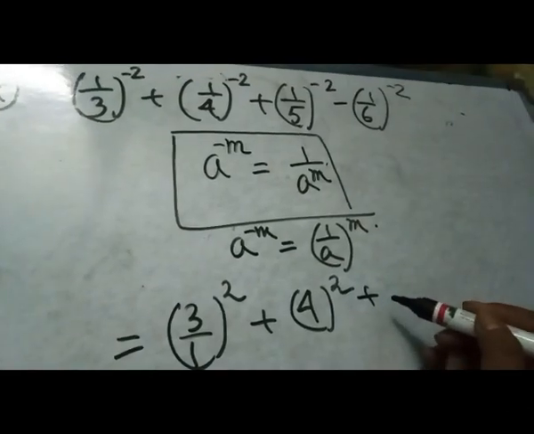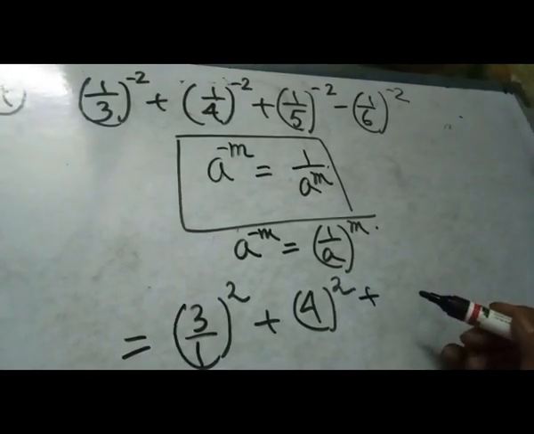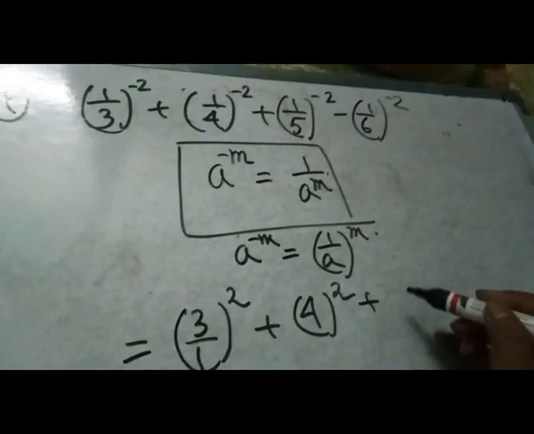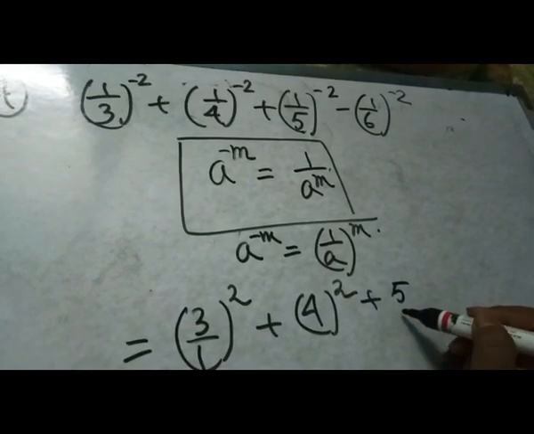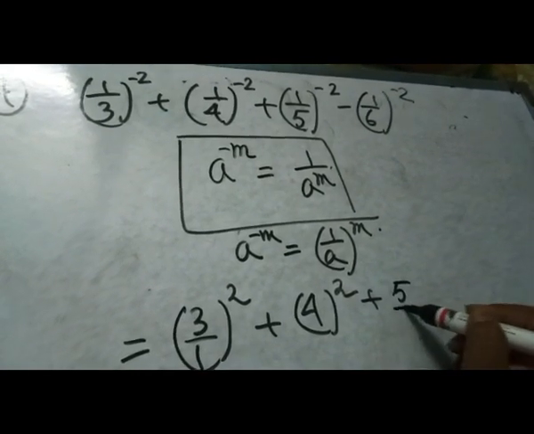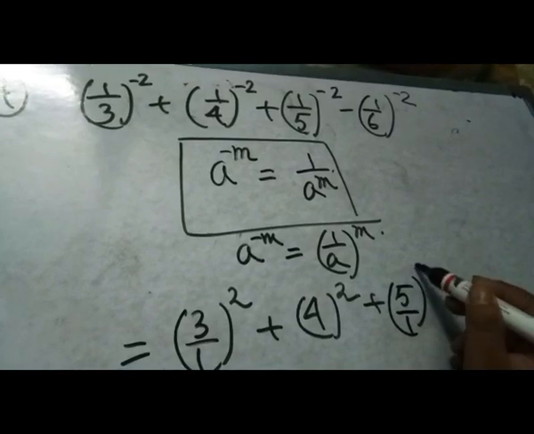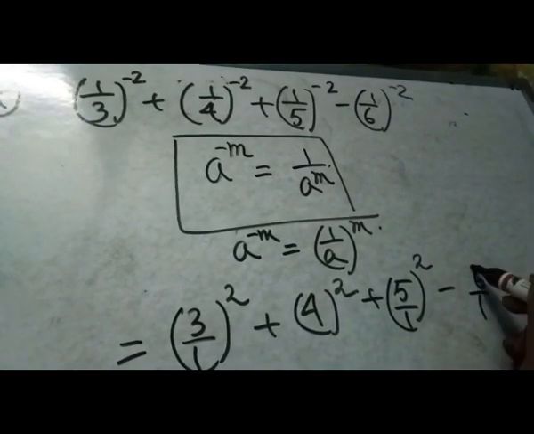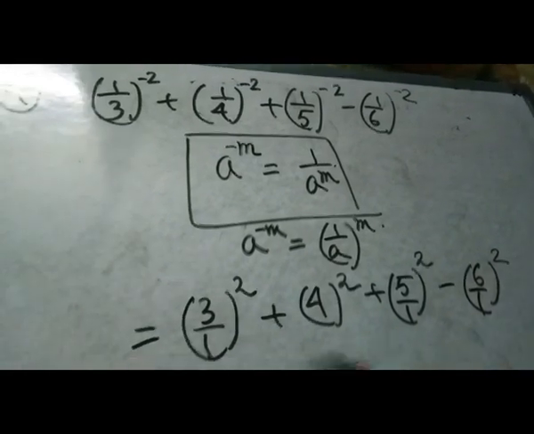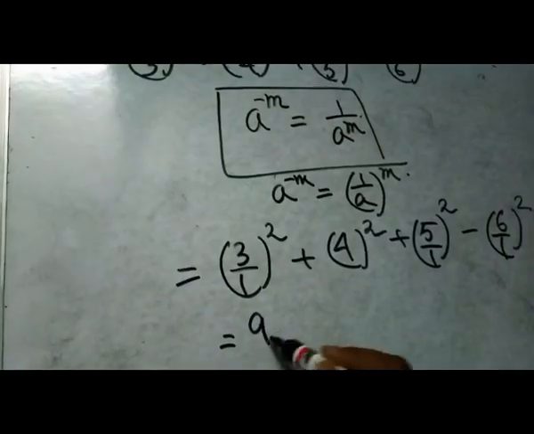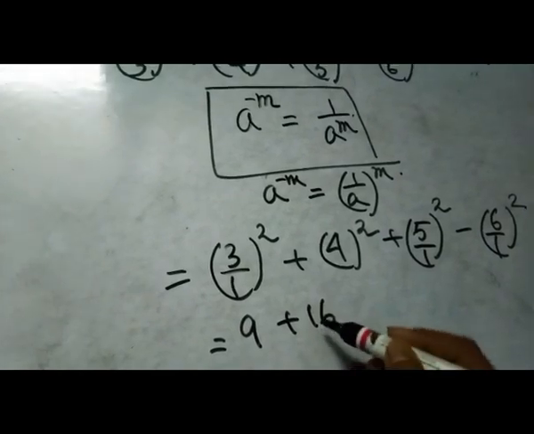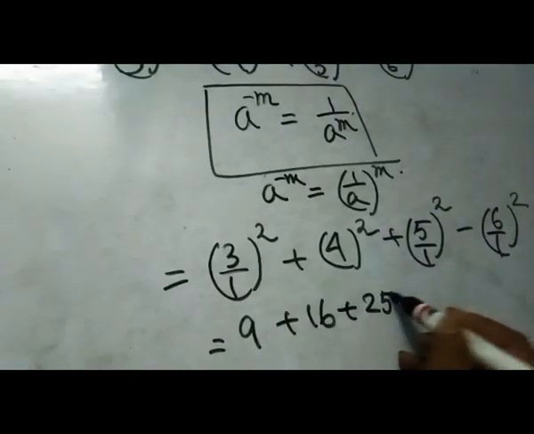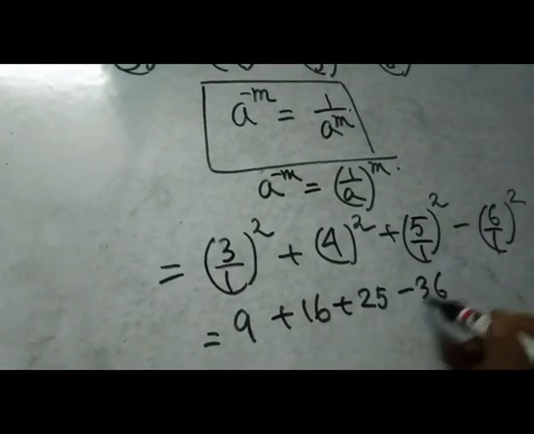Meaning we are going to express the power in positive form. 5 to the power 2, minus 1 by 6 means 6 by 1 whole to the power of 2. How much is coming? 9 coming, 16 coming, 25 coming, minus 36 coming.